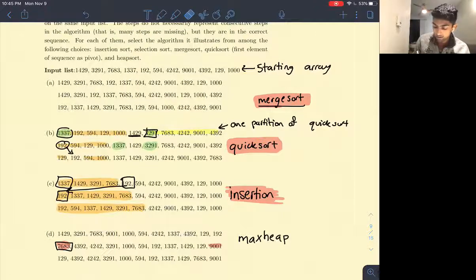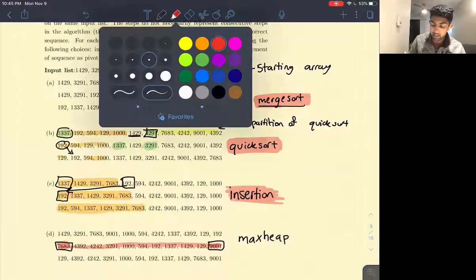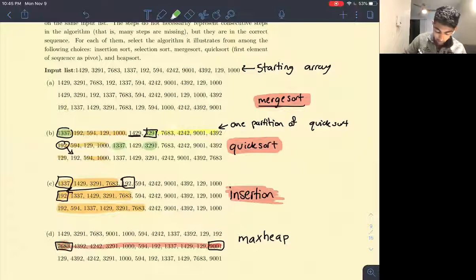So we see here that this red state of the array occurred when 9001 was initially the first element. It was removed and moved to the end. And then we can see another iteration of heapsort occurs when we remove 7683 and put it at the next position. So with that in mind, we see that it is indeed heapsort because the second biggest element, 7683, is in the beginning, and we're growing our sorted array from the right-hand side.